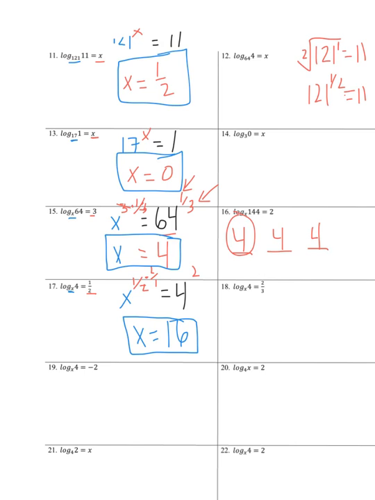For number 19, our base is x. Exponent is negative 2. So it'll be x to the exponent negative 2 equals 4. You're going to do it the same way. Multiply by the reciprocal of negative 2, which is 1 over negative 2.